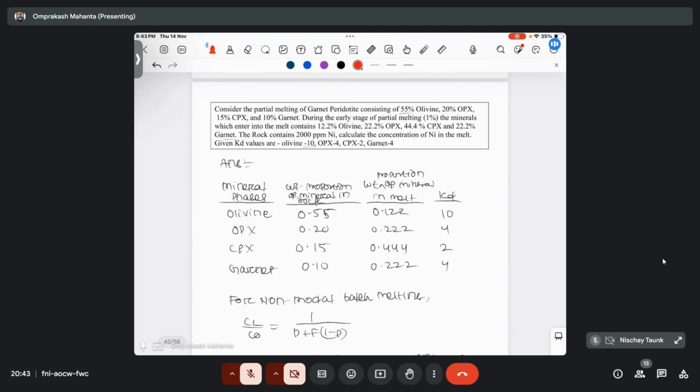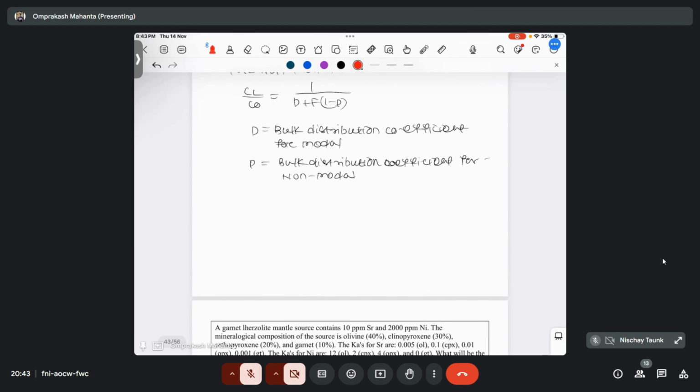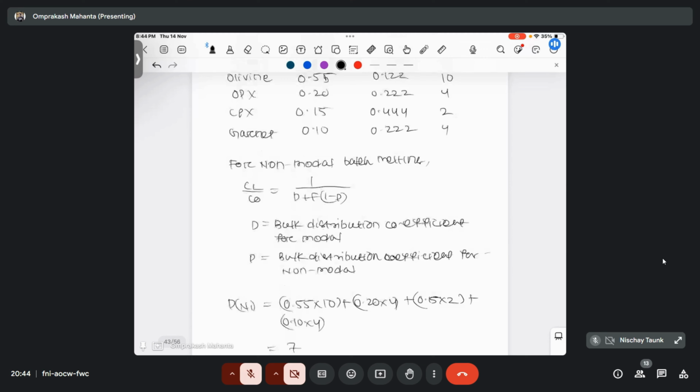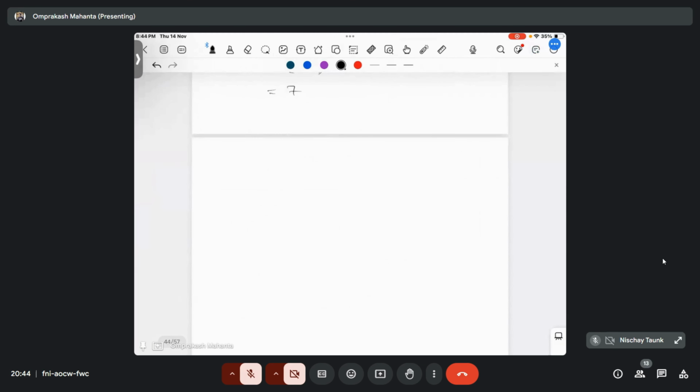We want to calculate for Ni. So DNi would be, you know the formula of D, that's the sum of Kd into Xi. I'm directly doing the numerical: 0.55 into 10 plus 0.20 into 4 plus 0.15 into 2 plus 0.10 into 4. So it will give you around 7. So we calculated the D value as 7. So what will be the P value?